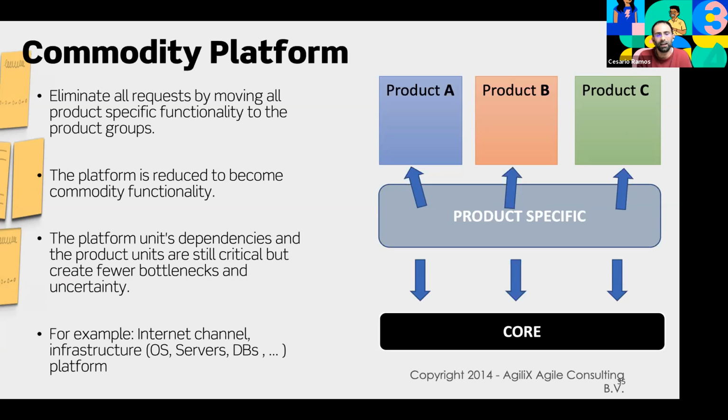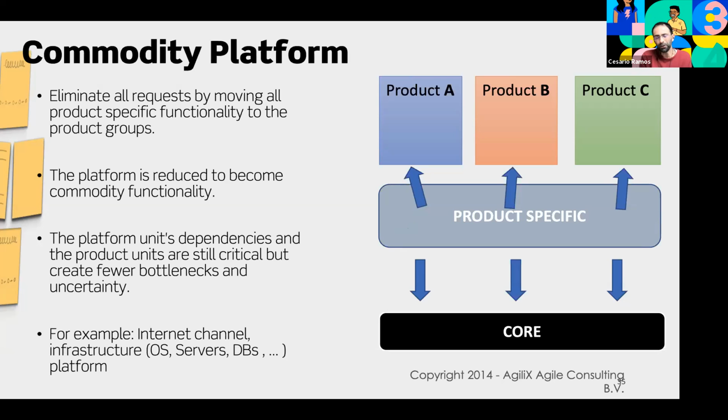It's not that we're going to say, hey, customers, we are a bank and we have a payment process. That's not very sexy, that's very commodity. You don't distinguish yourself in the market from that perspective. So that would be an excellent functionality to leave in the core.